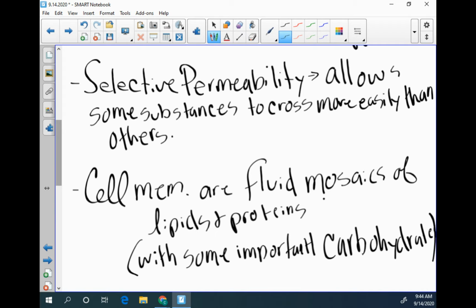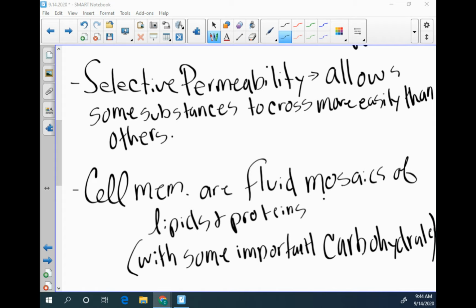We talked about the extracellular matrix last week and how those really important carbohydrates come in and out of the cell. Carbohydrates are also sometimes embedded in the actual plasma membrane itself to help keep things more stabilized. And we'll give an example a little bit later.